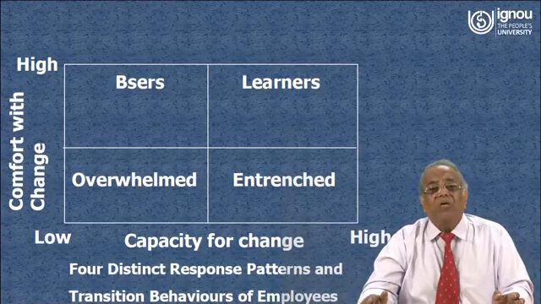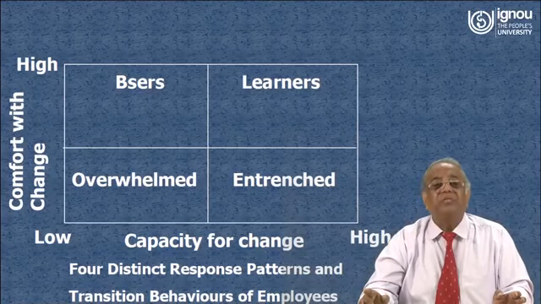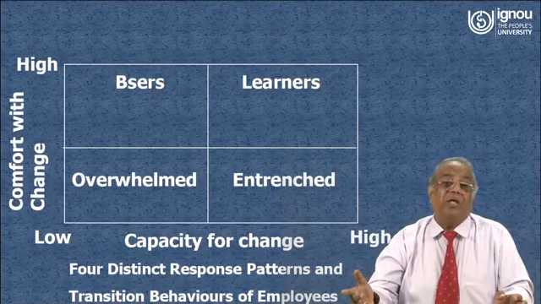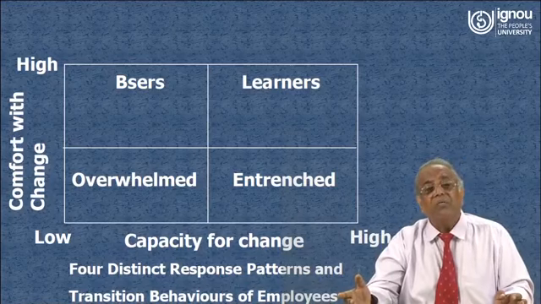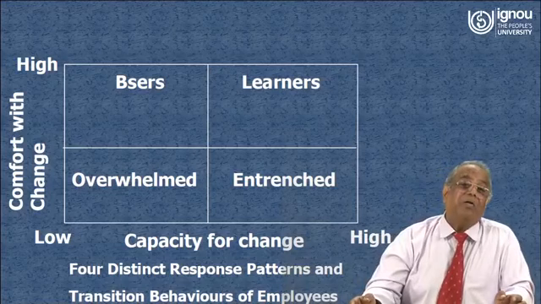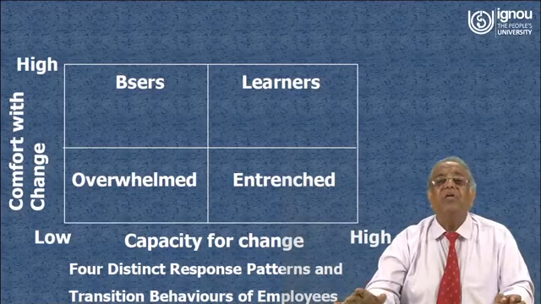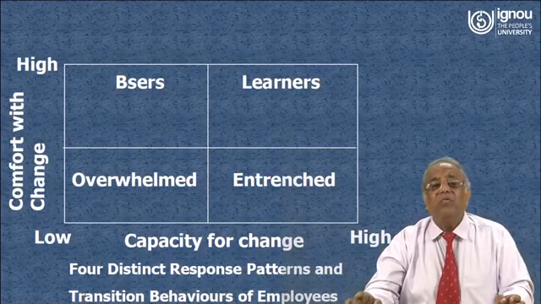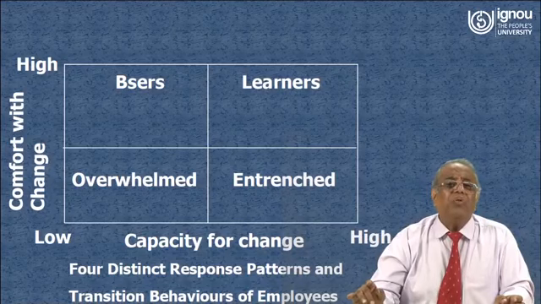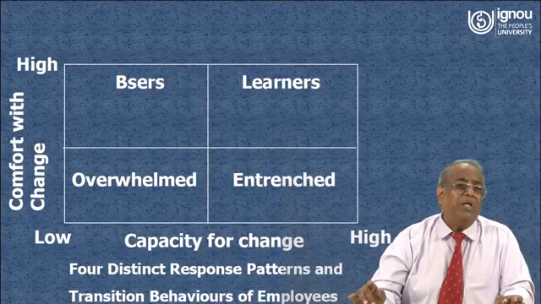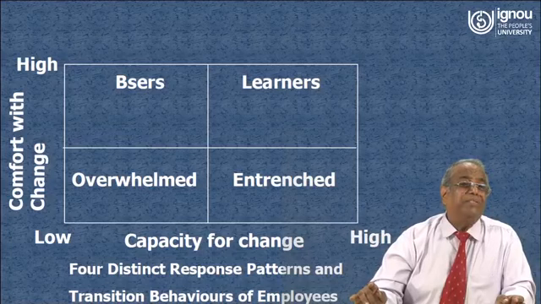Now for the second case we have discussed, the capacity for change is high. That means that person is skilled and can do the work, but their comfort with change is less. So that is not a favorable scenario for the employees to take part in the changing process. For the third case, comfort with change is high, but capacity for change is less.